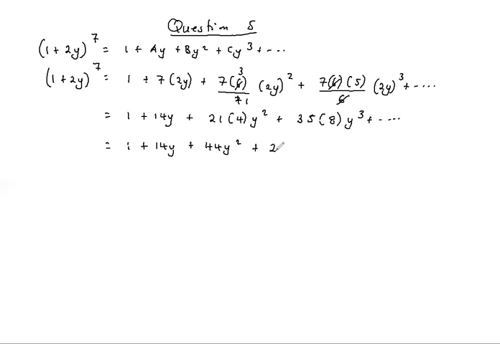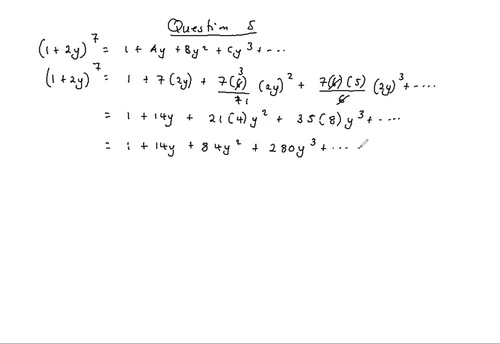Is it supposed to be 84y²? Okay, yeah, because that's 21 by 4 times 4. Okay, thank you, so 84y². And then 35 by 8 gives 280 y³.